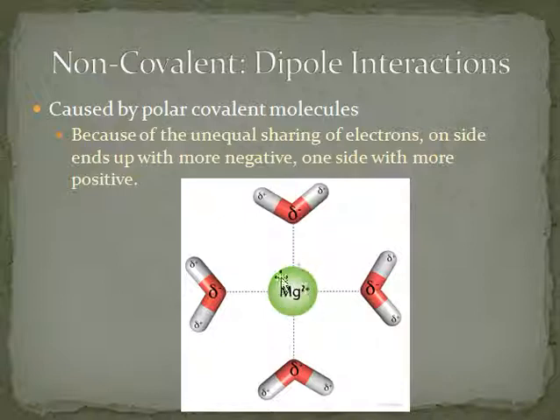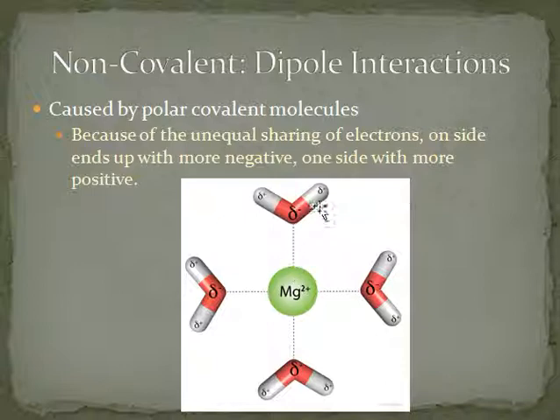So between this positively charged magnesium and this partially negatively charged water, this bond right here is called a dipole interaction. It won't stick together very well, but it definitely wants to stick to some extent, and it can make a huge difference in some cases, especially if you have a lot of this type of reaction.